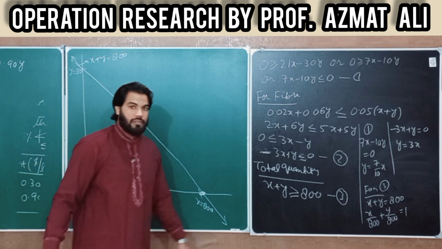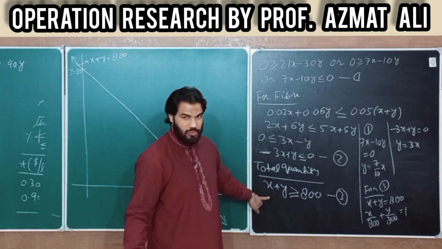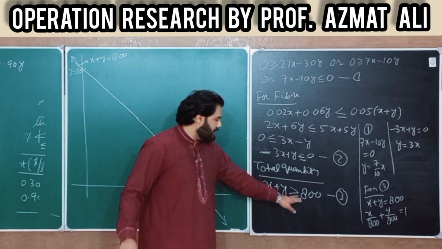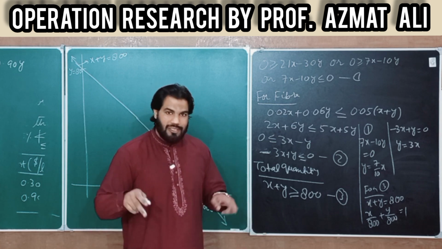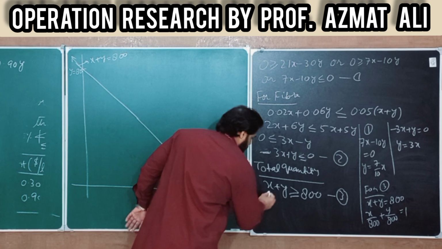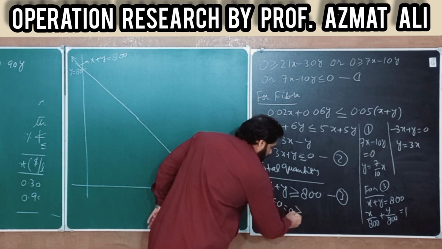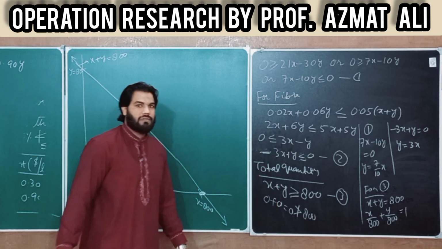Next we can check whether 0, 0 satisfies this inequality. Take 0, 0 as a test point because here the right side of this inequality is non-zero, that is 800. When we put x is equal to 0, y is equal to 0 in here, this is equal to 0, which is not greater than 800. So 0, 0 does not satisfy this inequality.